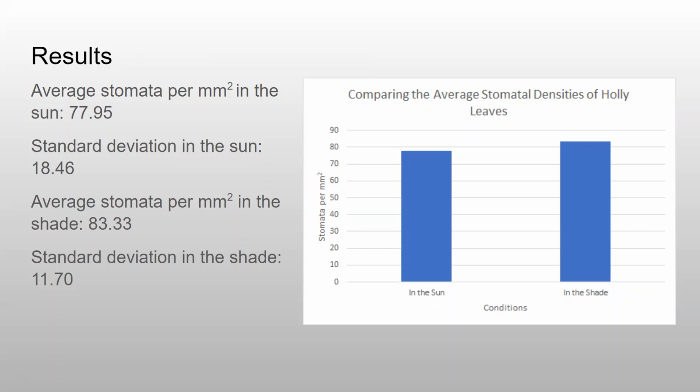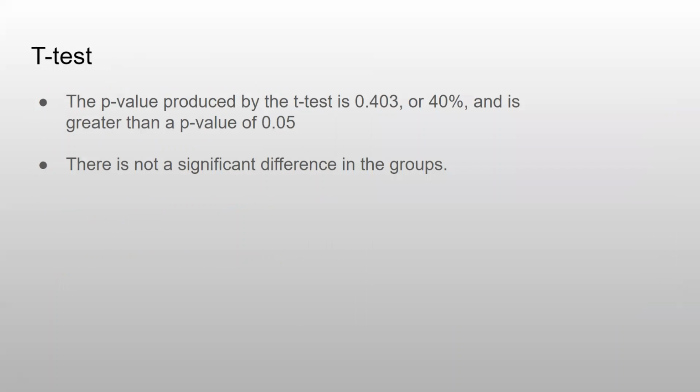The averages are displayed in the graph, showing that the leaves in the shade have a value that, while slight, is still higher. We used Excel to run a t-test on the average values for both the leaves in the shade and in the sun. The t-test produced a p-value of 0.40, which is greater than a p-value of 0.05.